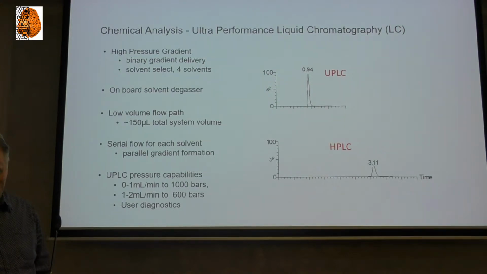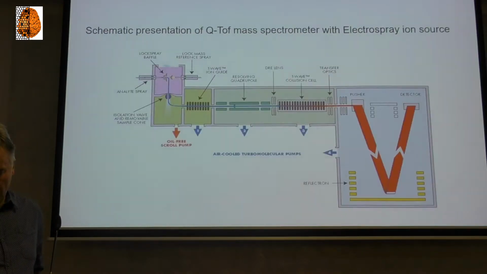This liquid chromatography technique is described on this slide, where we have two options: ultra performance liquid chromatography or ordinary HPLC. The difference is mostly in the time of separation. The retention time is shorter in the case of UPLC, where higher pressure is used and the particles of the stationary phase are smaller, and that's the reason why the separation is faster.